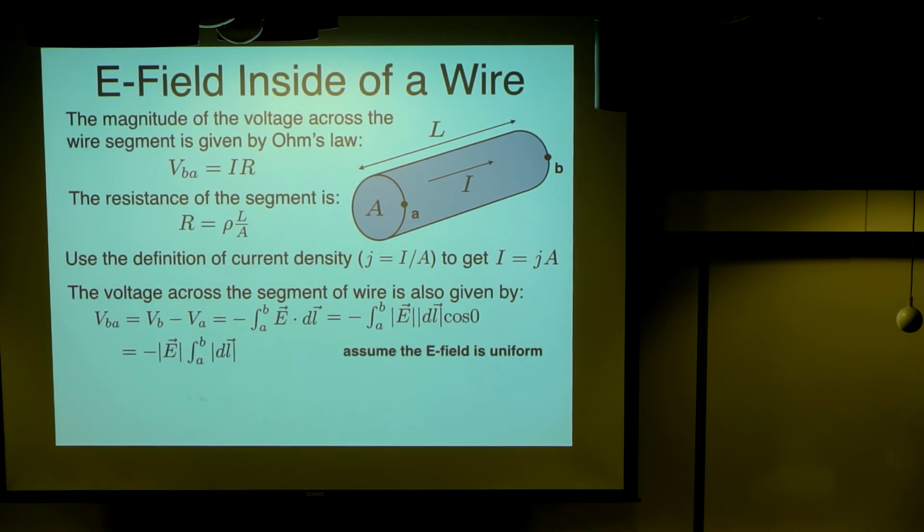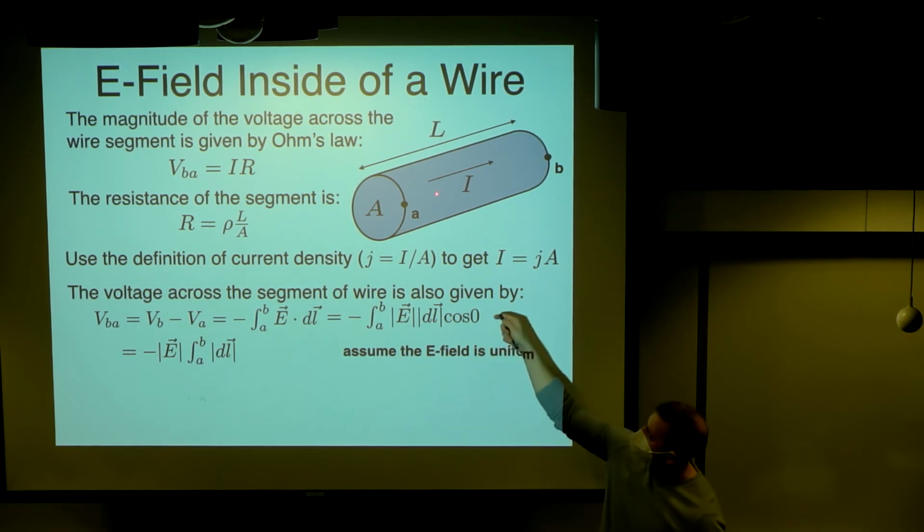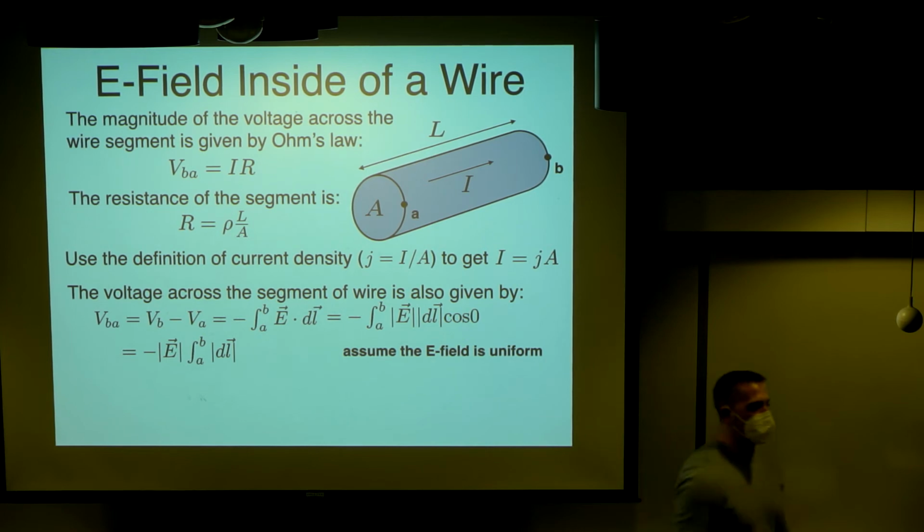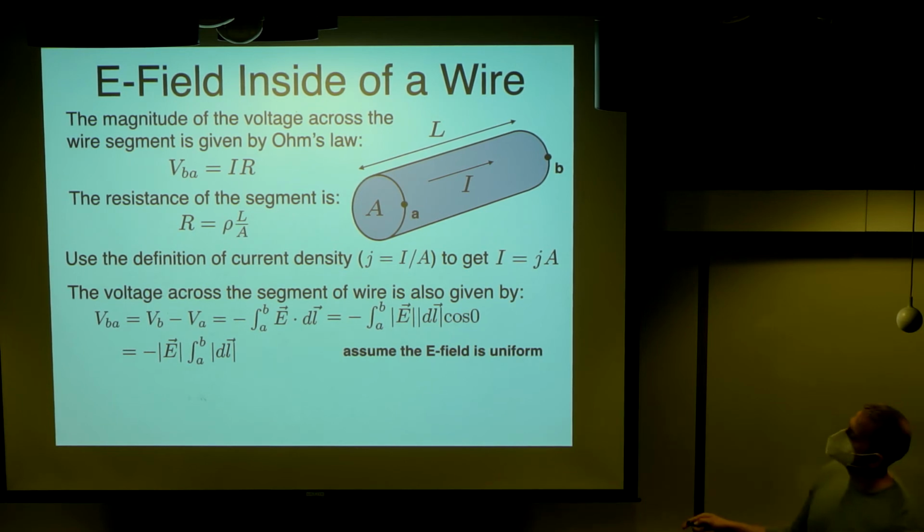We're going to assume the E field is uniform inside the wire. In other words, same E field strength at any point along the wire. That's a reasonable assumption. So when we do that, we can pull it out of this integral. Okay, and then what happens, you tell me, when I go from A to B and I'm just integrating dl?